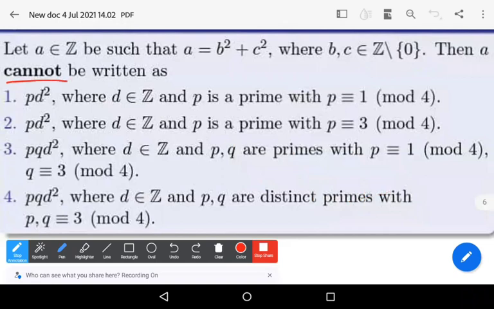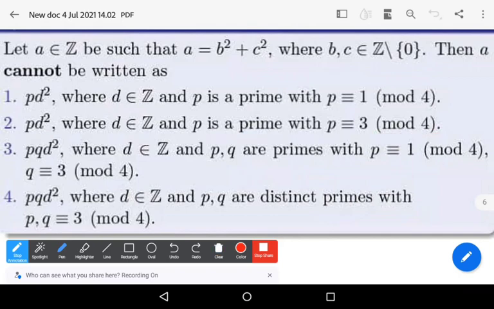Then a cannot be written as pd square, where d belongs to Z and p is a prime with p congruent to 1 modulo 4. Again, pd square, where d belongs to Z, p is a prime with p congruent to 3 modulo 4.